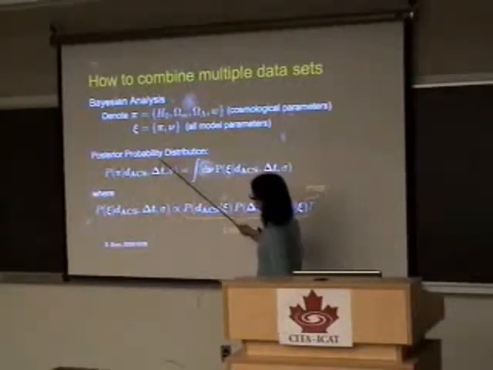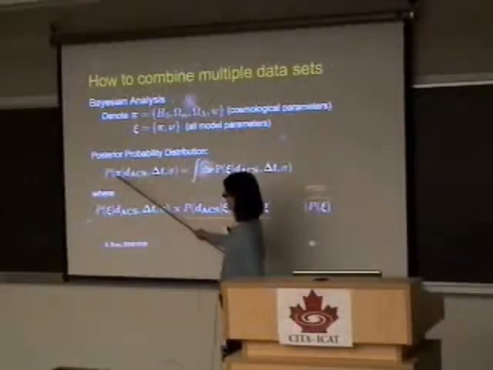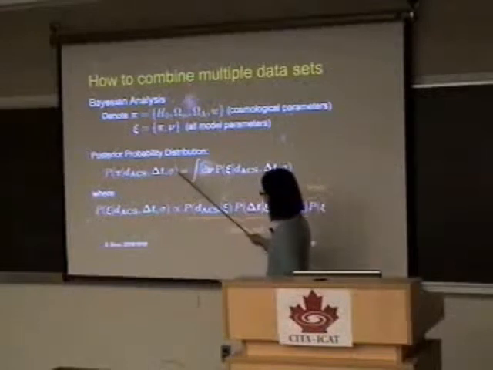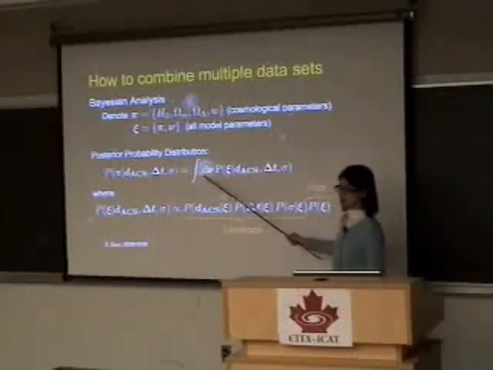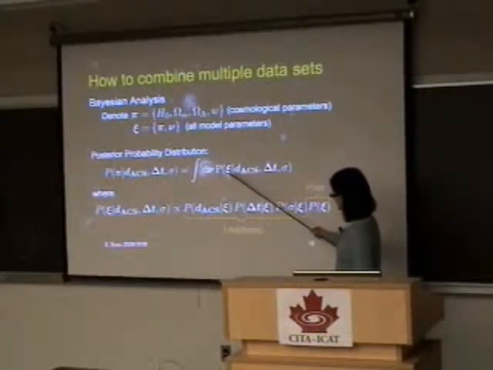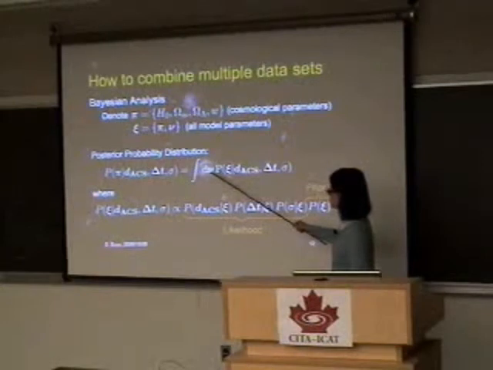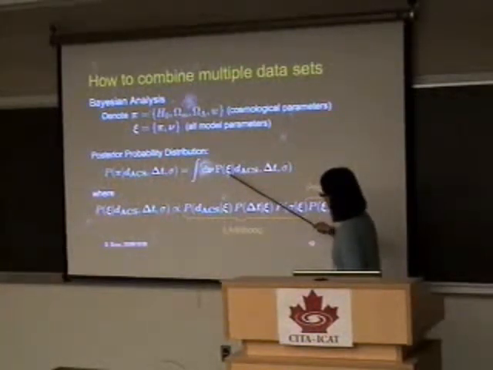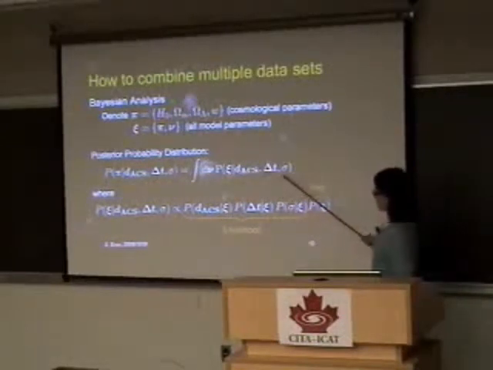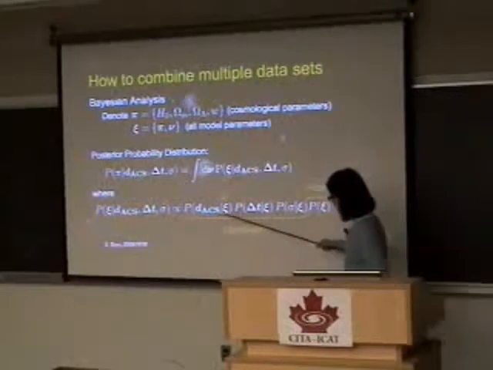We're interested in the posterior probability distribution of pi, the cosmological parameters, given our three data sets, which is the marginalization over non-cosmological parameters of the posterior probability distribution of all model parameters given the three data sets. This is given by the last line.